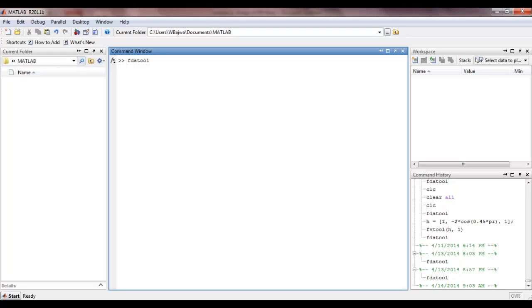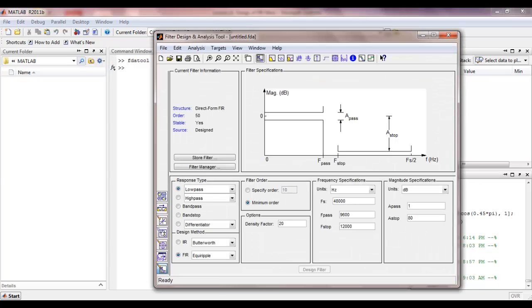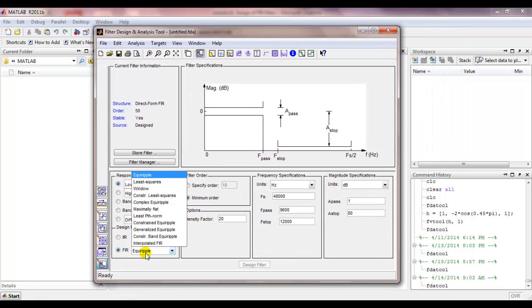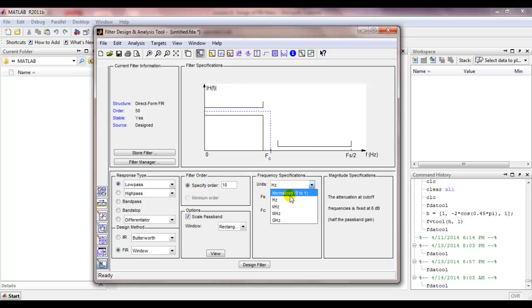Okay, let's look back at the FDA tool that we looked at in the last class and try to see if we can verify this. So I'll again make some changes which will become apparent later. Right now, I'll just make those changes. So let's say I still work with a low pass filter, and my order, so order means the degree of the polynomial or the number of zeros, so length is order plus 1.